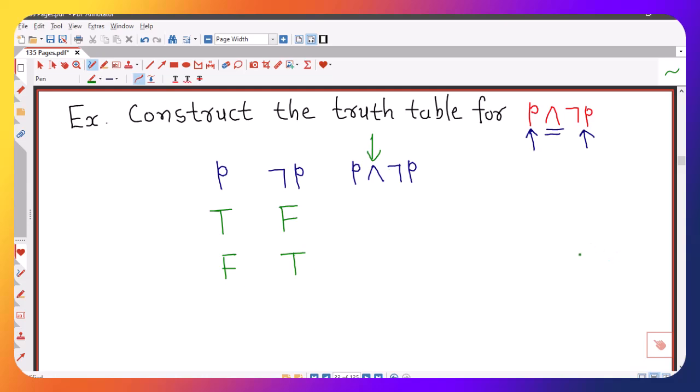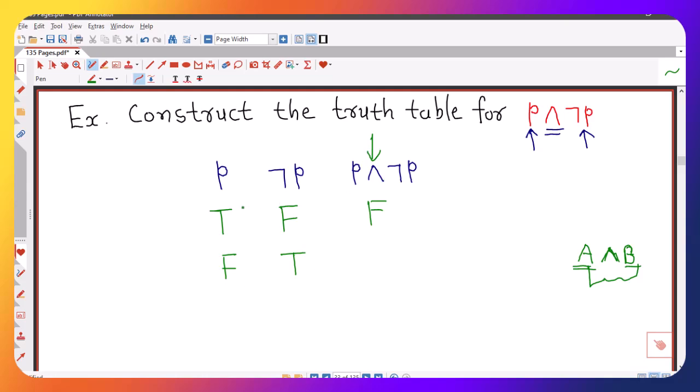So we recall the definition of the AND operator. Suppose I have A and B. I have the conjunction of two statements A and B. Then we know that this is going to be true if and only if both are true, otherwise it is false. So for the first possibility, here we have negation of P as false, therefore this becomes false.